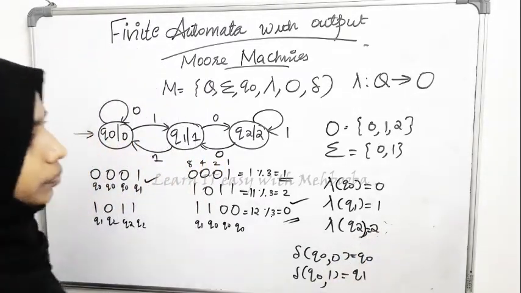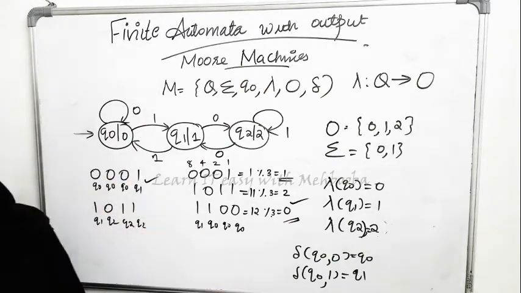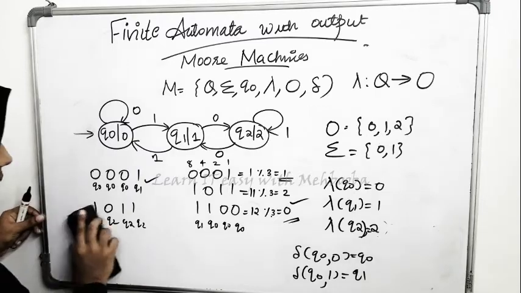Yeah, this is how we write this. So each state is associated with an output. So we will have as many states as we have output symbols, or you can duplicate the output symbols if you require to. Okay, so that is how we design this. We will see a few more examples.